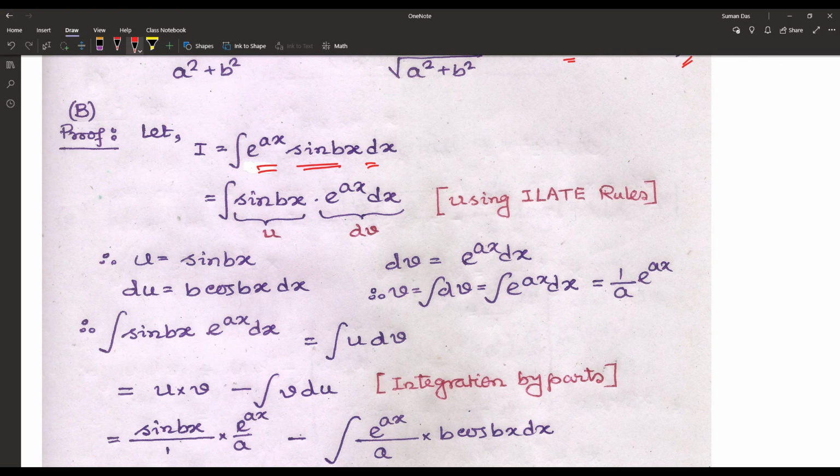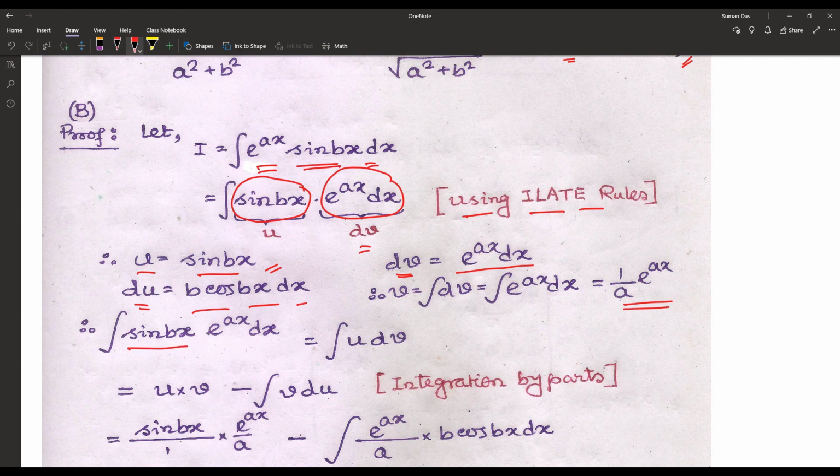So here, once again we are using the Euler rule, just doing integration by parts, taking u as the trigonometric function sin bx and e to the power ax dx as dv. In the same way as the first, u is equal to sin bx, du is equal to b cos bx dx, and dv is equal to e to the power ax dx. So v is now 1 by a e to the power ax.